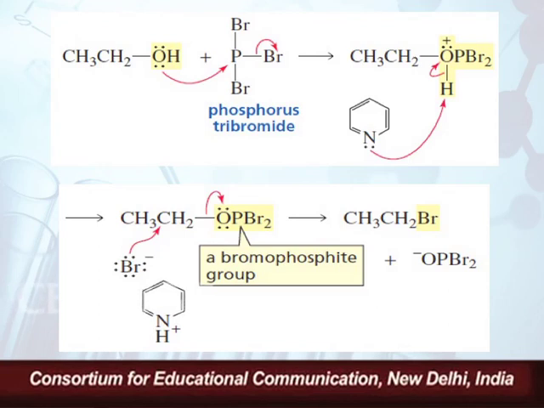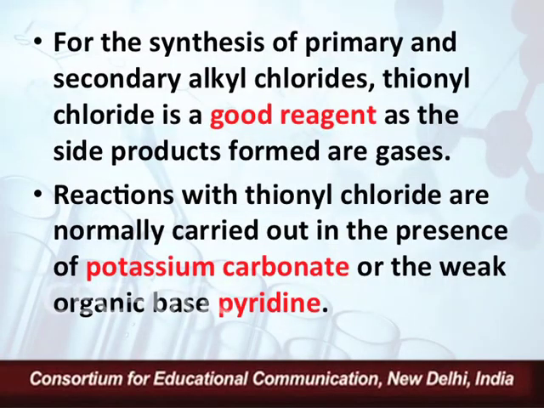For synthesis of primary and secondary alkyl chlorides, thionyl chloride is a good reagent as the side products formed are gases. Reactions with thionyl chloride are normally carried out in presence of potassium carbonate or a weak organic base, that is pyridine.